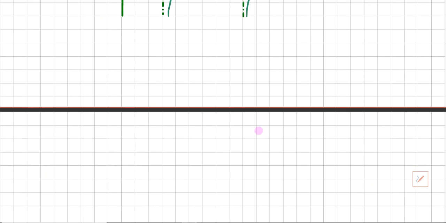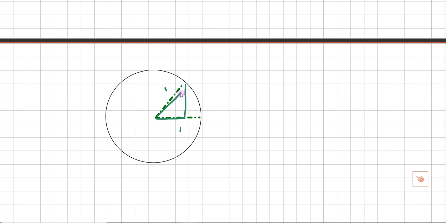Okay, well, do you remember we also looked at this? Remember the unit circle? Where that's 1 and that's 1, and if I create a triangle where that's theta.